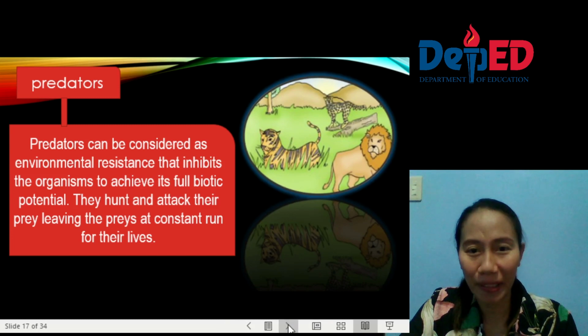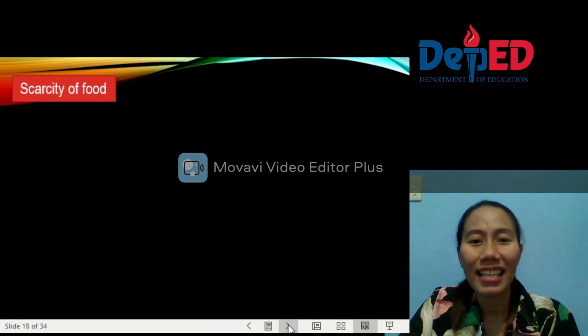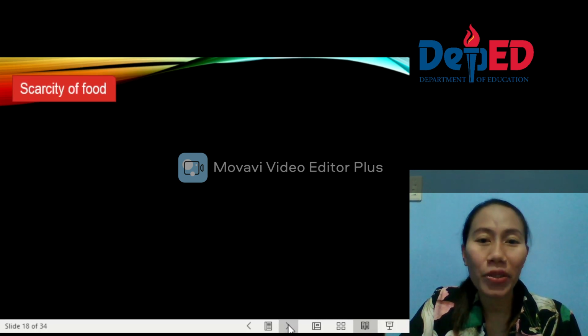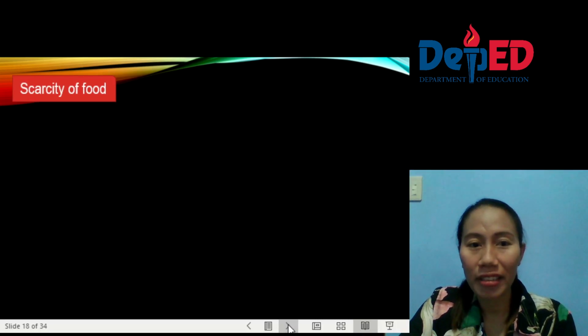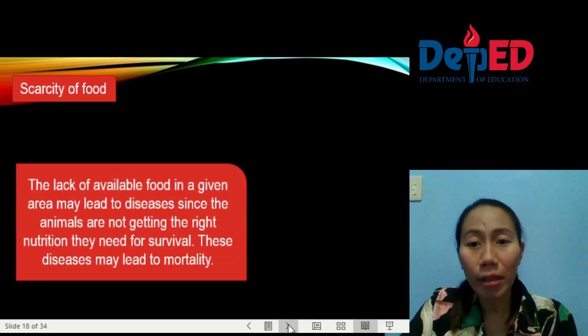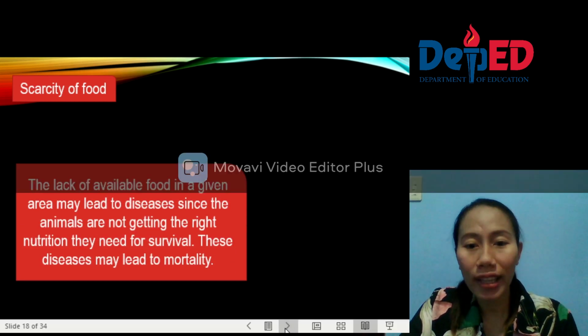Very common example. Okay, you also have scarcity of food. When there's no food, what will happen to the organisms? Organisms may lack nutrition. Okay, lack of available food in a given area may lead to diseases since the animals are not getting the right nutrition they need for survival.